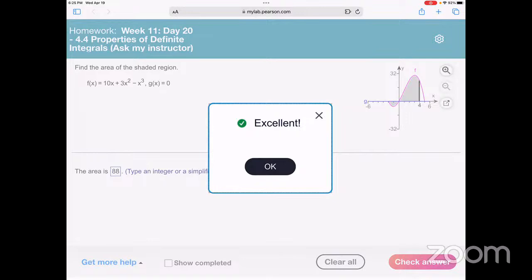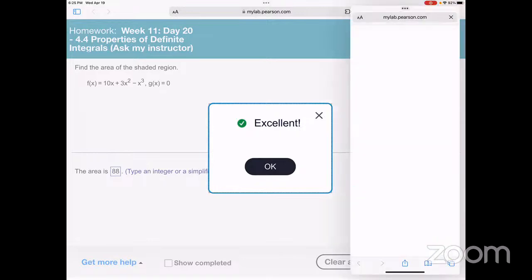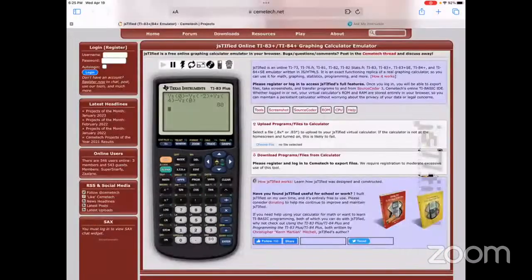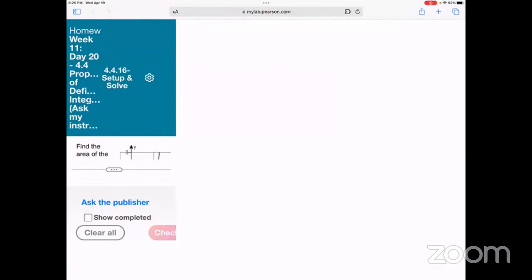Oh, I forgot about that, but that's okay. It's just full screen for right now. Matter of fact, let me get rid of this. Get rid of that one.